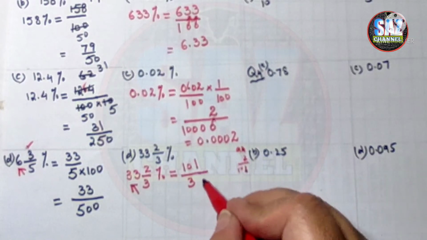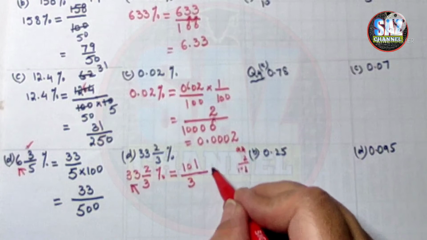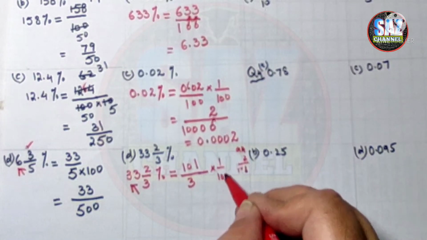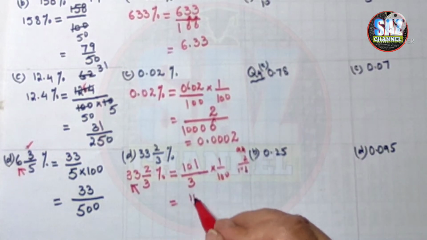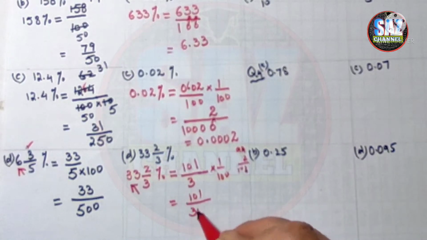Then I have to remove this percentage sign as well. This is multiplied by 1 over 100, so this will become 101 by 300.